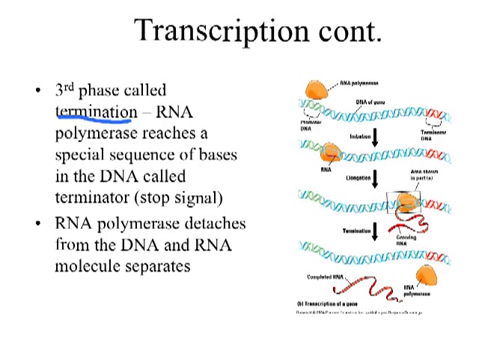When the RNA polymerase reaches a special sequence of DNA bases called the terminator, or the stop signal, then the RNA polymerase, the protein that's making the RNA, is going to detach itself from the DNA, and the RNA molecule will separate from that RNA polymerase protein and go out of the nucleus to send that message to make that particular protein.